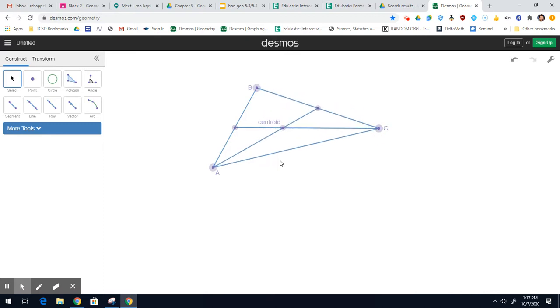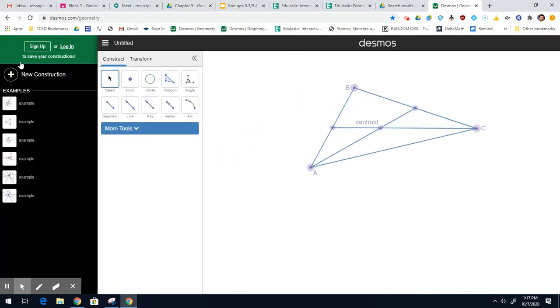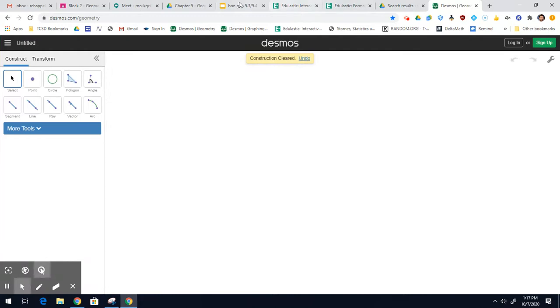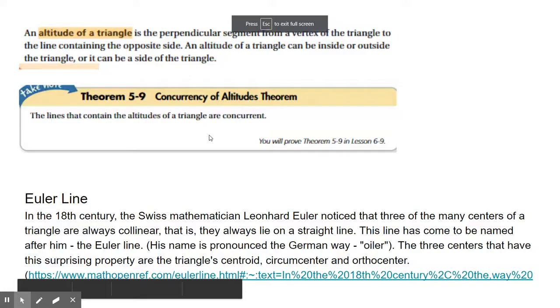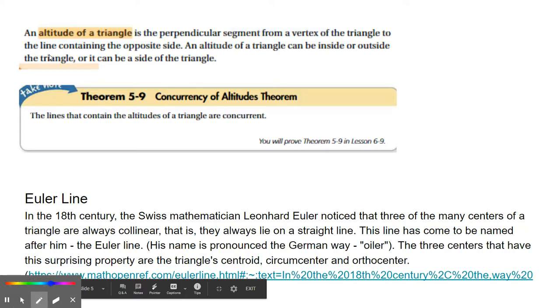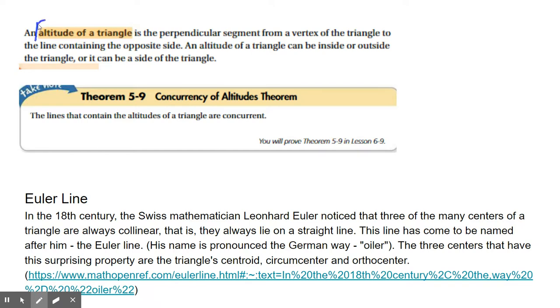So that's the centroid. And then the last one we have to talk about here is called the orthocenter. What a cool name that is, right? So before we talk about orthocenter, we need to talk about the altitude of a triangle. The altitude of a triangle is just a perpendicular from a vertex to the opposite side.